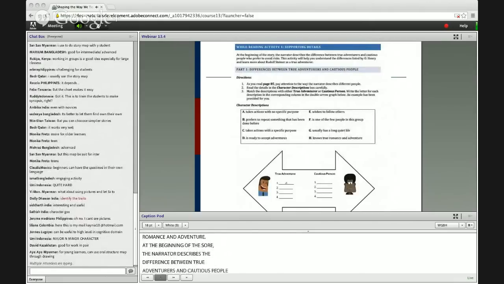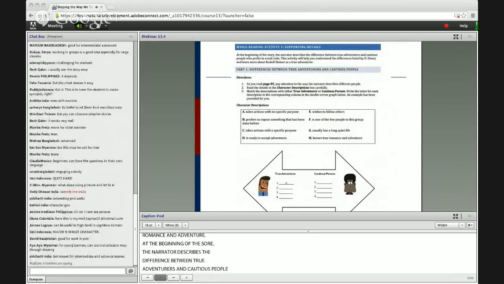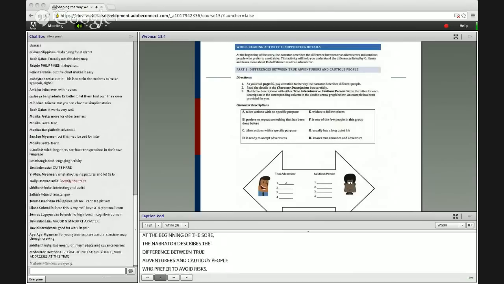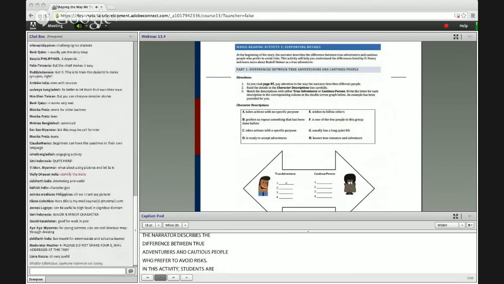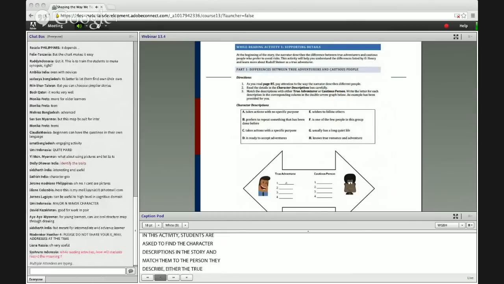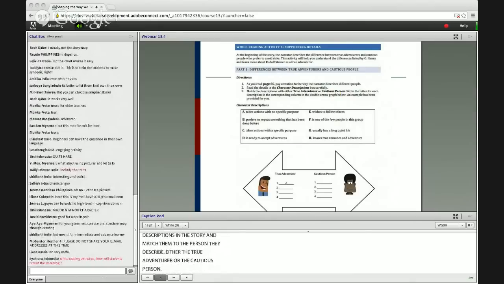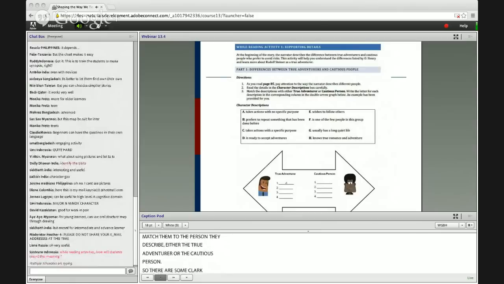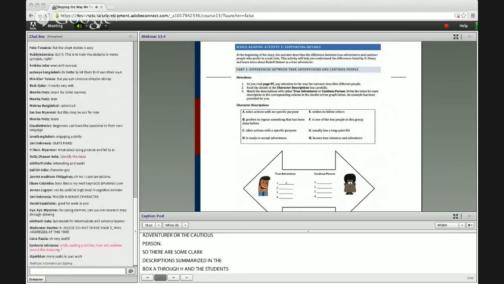And in this activity, students are asked to find the character descriptions in the story and match them to the person they describe, either the true adventurer or the cautious person. There are some character descriptions summarized in the box, A through H, and the students can write the letter of the description next to either the true adventurer or the cautious person.